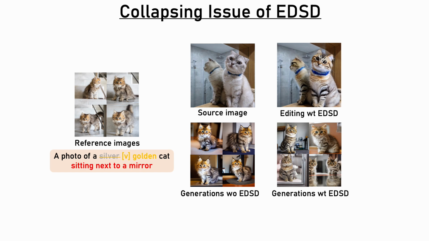However, we observe that although this structural preservation is indeed improved with EDSD, it may cause the personalized model to collapse to a trapping point between the source subject and the target subject. As shown in the example here, both the edited and the generated cats show a hybrid appearance that fall between the source and the target.